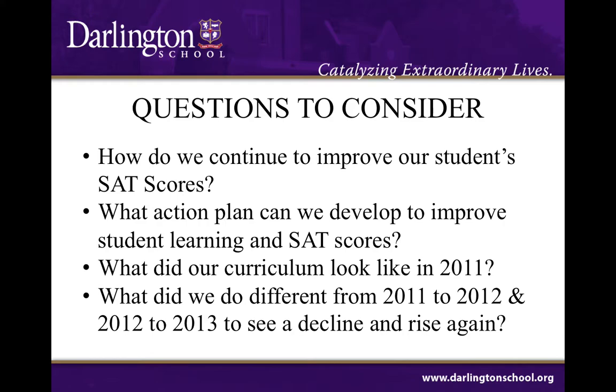What did we do different from 2011 to 2012, and then 2012 to 2013 to see a decline and then a rise again? These are some questions that we need to think about, and maybe even get some more data so that we can figure out what we were doing in 2011 that our scores were very high, and what can we do to add to those curriculums to even get our scores even higher.